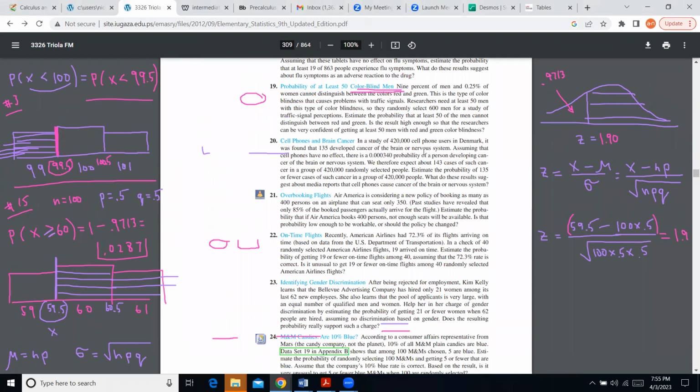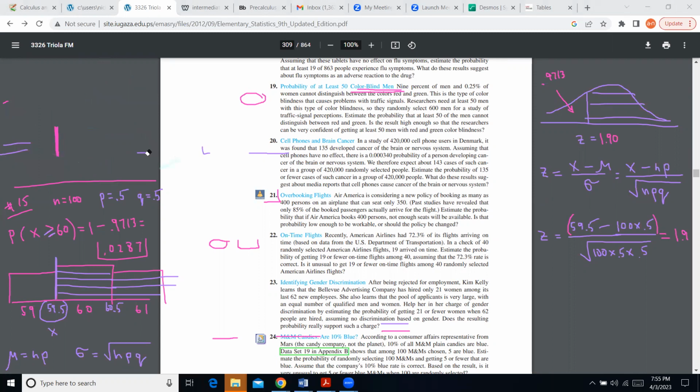Let's say problem number 21, the airport exercise. This one is talking about overbooking flights. So let us see what is happening here.